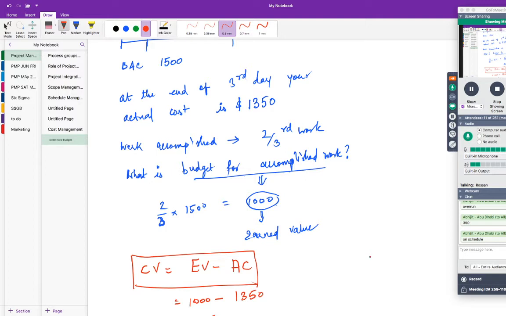On schedule, Abhijit. How come? For the second day, 2/3 work happened. That's what you are asking, no? No. Our question was like this: at the end of the third day, you have completed 2 by 3 of work.